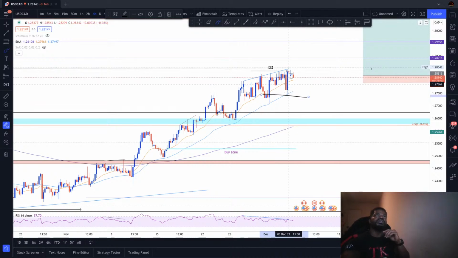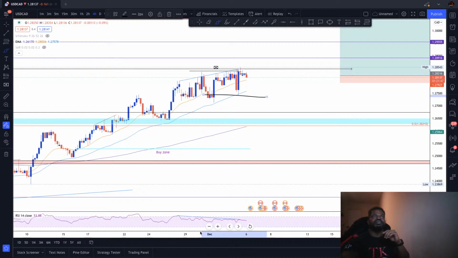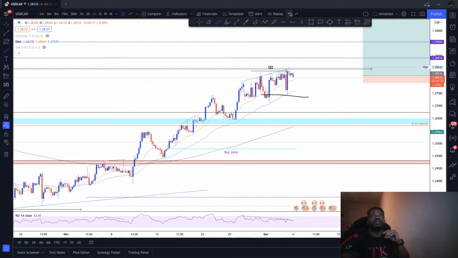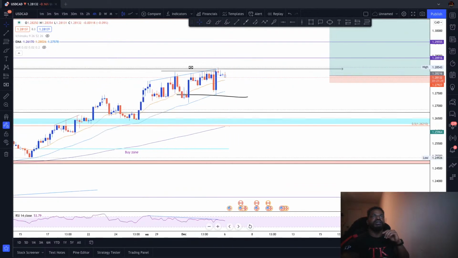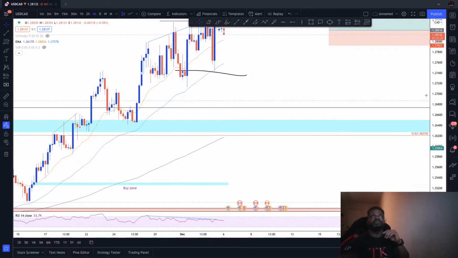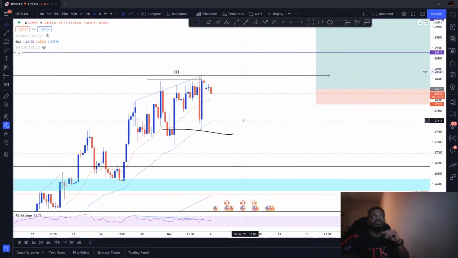Now at this point, on the 4-hour, price is giving us a double top. But in order for it to be confirmed, we would need a close below this area.